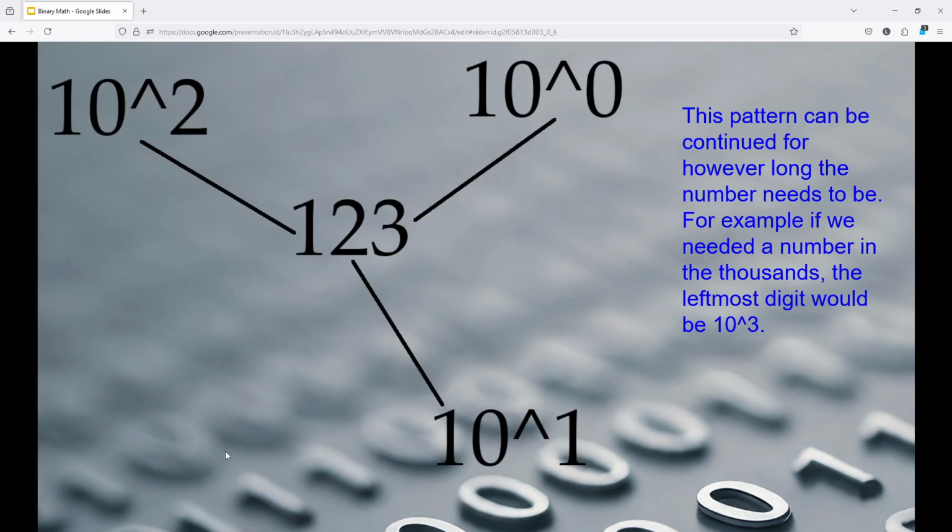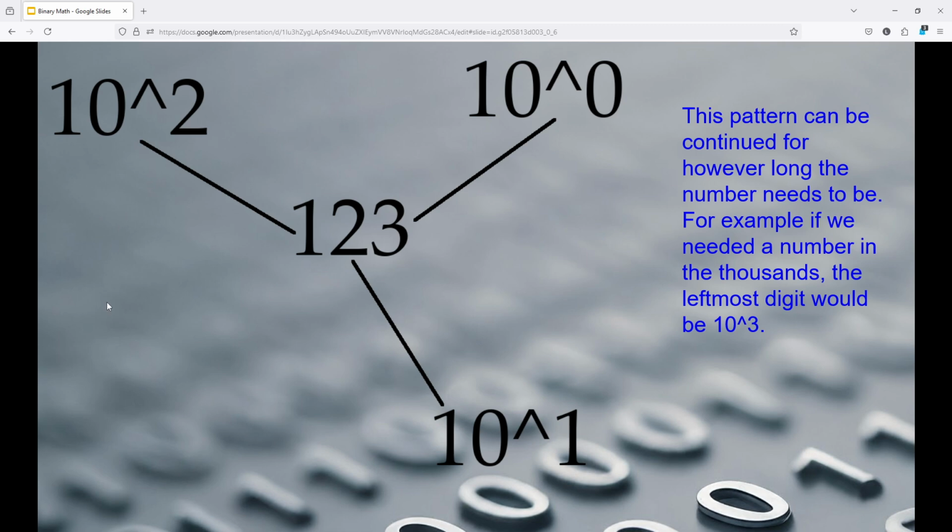We can continue this pattern for as long as we want, and just another way of representing it. Here we've got the rightmost digit, that's 10 to the 0th power, in other words, representing ones, because 10 to the 0 is 1. The next digit, the 2, is 10 to the first, or the tens place. The next digit over, this 1 here, is 10 to the second, or the hundreds place, and so on.